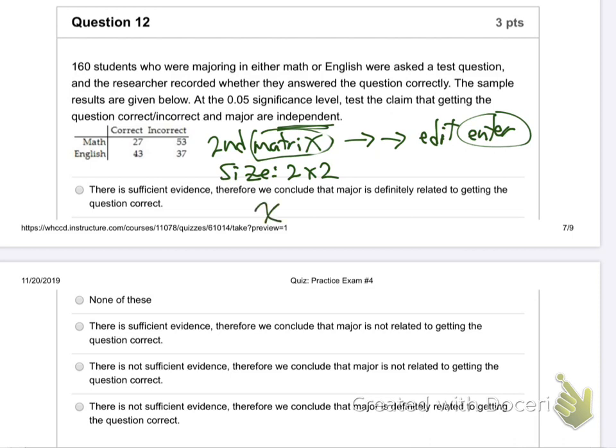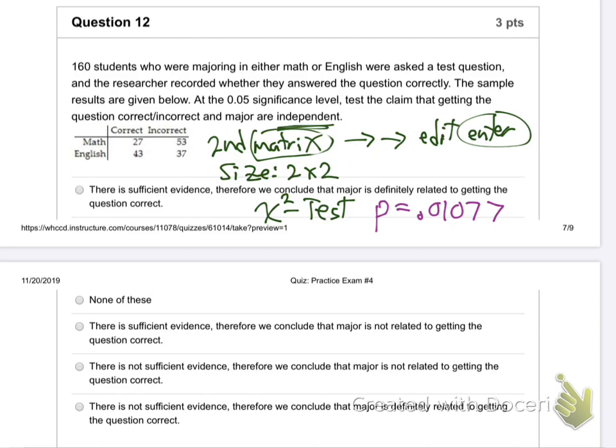And then do the chi-square test. And get a p-value. I'm getting a p-value of 0.01077. And you guys getting that okay?